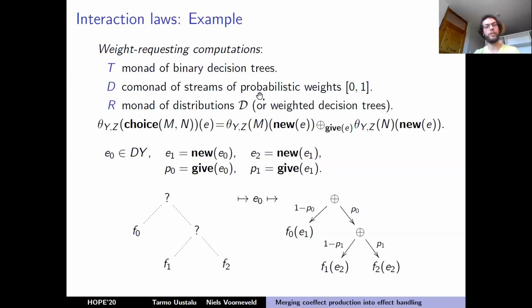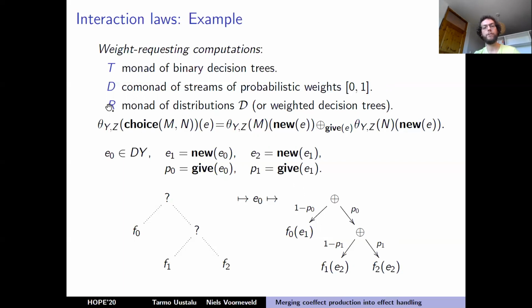However, the environment in this interesting example does not just give an answer 0 or 1, but it might also give intermediate answers, like elements from the real number interval 0 to 1. And so as a result, the choices cannot immediately be resolved. Instead, we still need to use this answer from the environment to make a probabilistic choice.